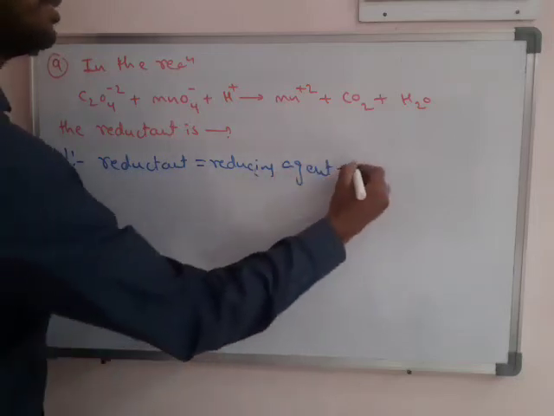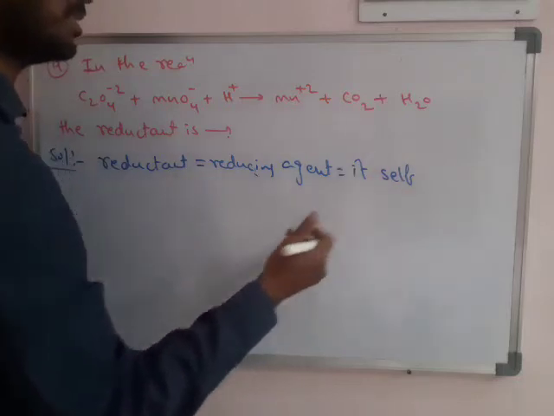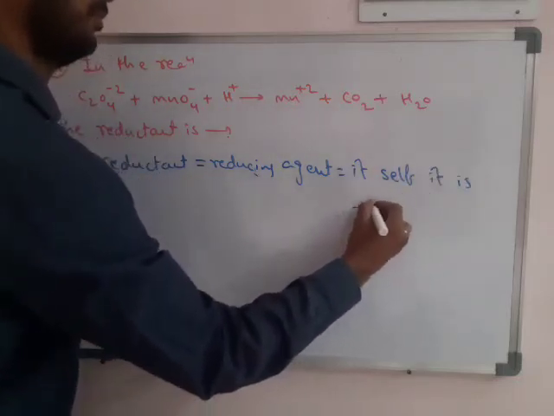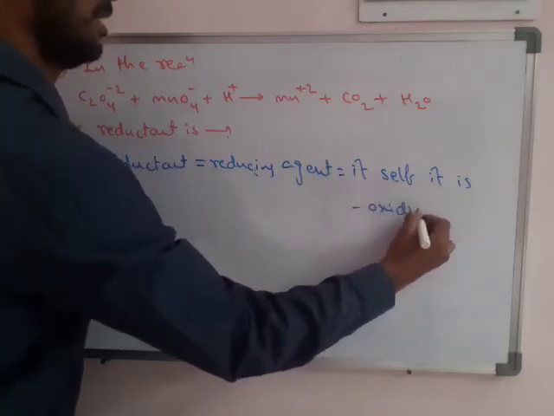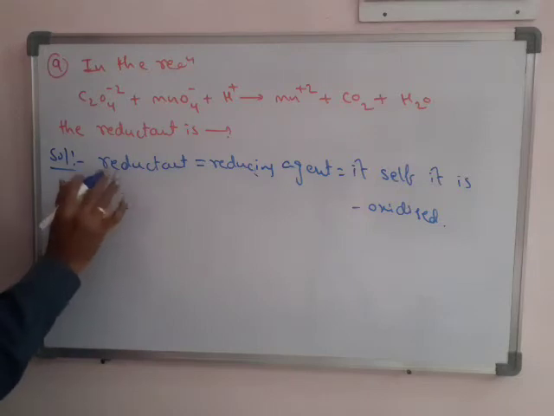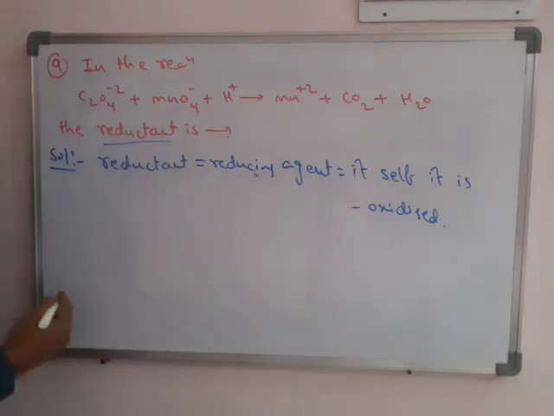Reducing agent means already we know that it reduces the others and itself it is oxidized. These are the three meanings. So here, now we have to find what the reductant is. We have to find which is oxidized.